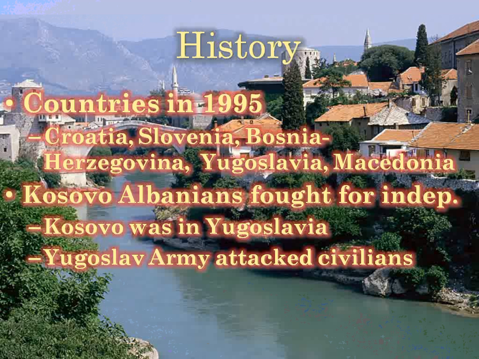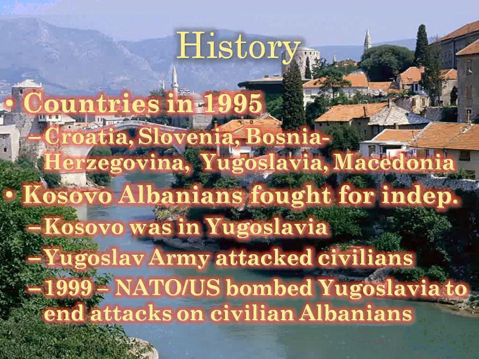Eventually, the United States gets involved. They looked at what was happening and said, wait a minute, this is not right. We need to protect these people, the men, women, children, because they're being picked on. And so the United States, along with its friends, its allies, also known as NATO, go in and start bombing Yugoslavia.